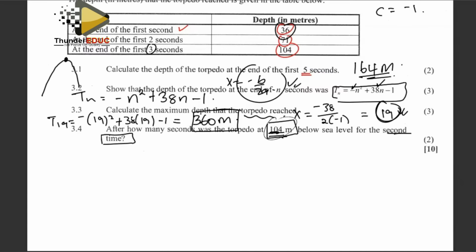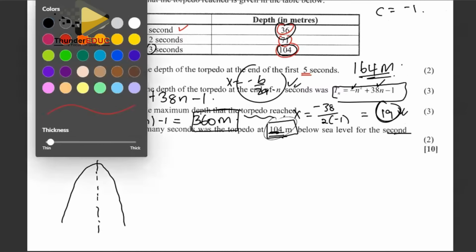So at 3 seconds, we have this. Now the question is going to be, if we look at this as a parabola, I'm just thinking of a quicker way to get this without necessarily doing the substitution, because the marks simply are not enough.